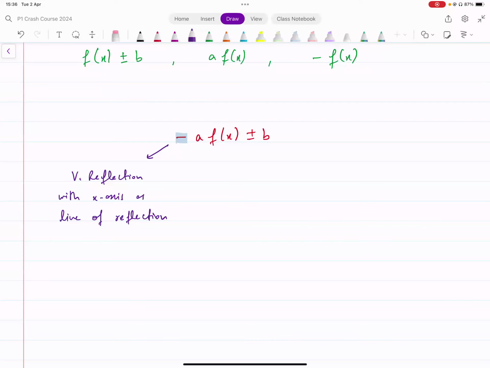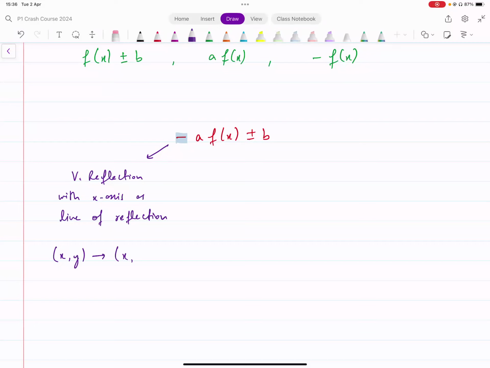And what happens with the points on the graph in this case is any point x, y on the graph, when you reflect it in x-axis, its x coordinate is going to remain the same. Remember, it's a vertical transformation. So the x coordinates do not change. Only the y coordinates change.